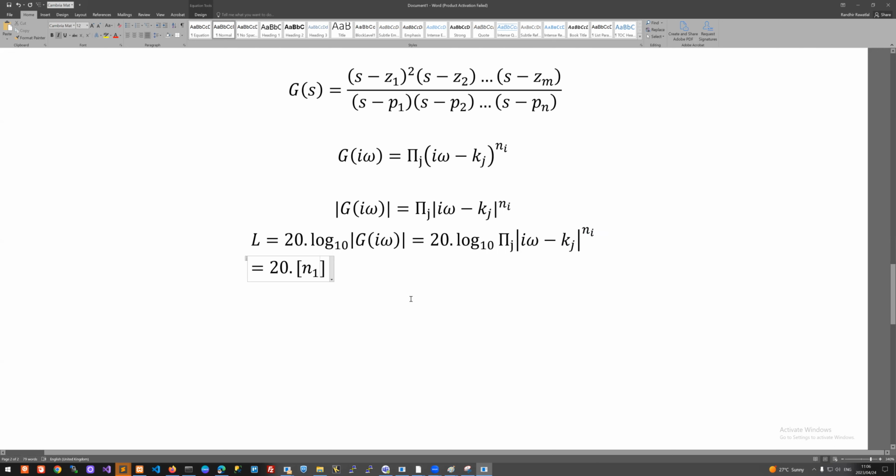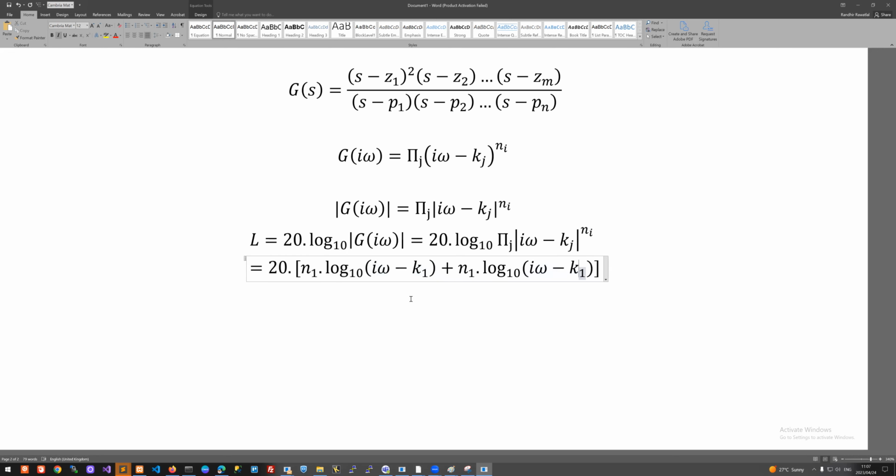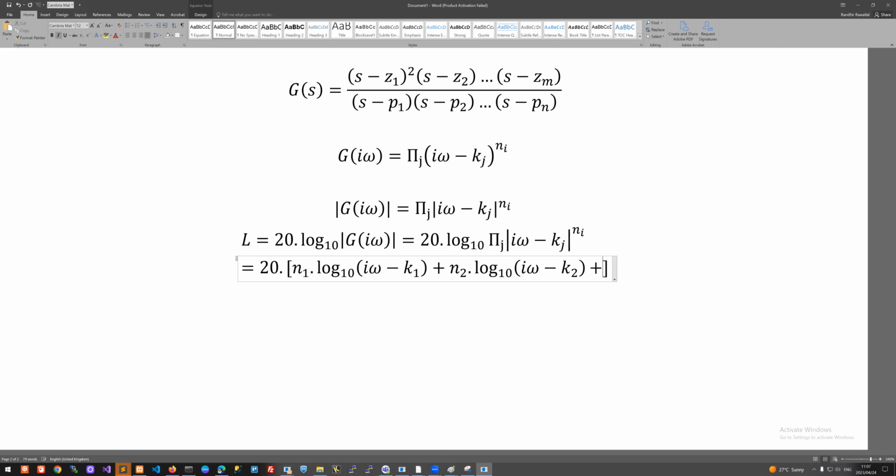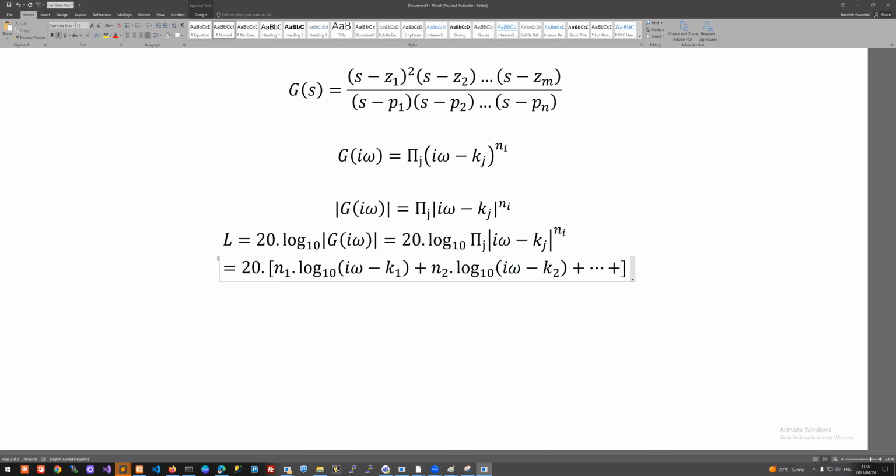So N1 times log 10 of I omega minus K1. So that's taking the first term. And then we can add the second term. And this one will have a K2 and an N2, plus. And we can keep going until, I guess, the last one.